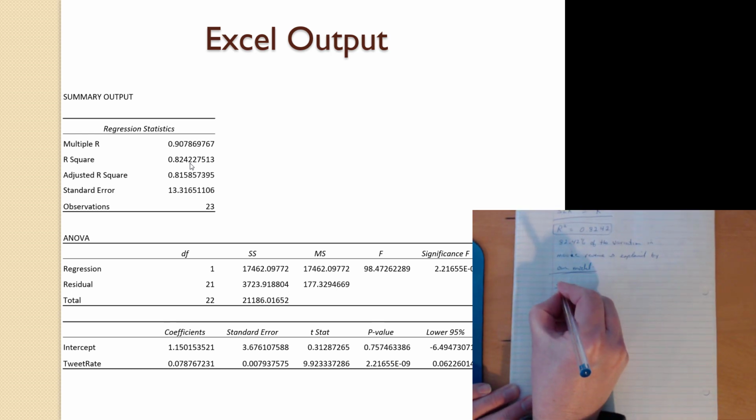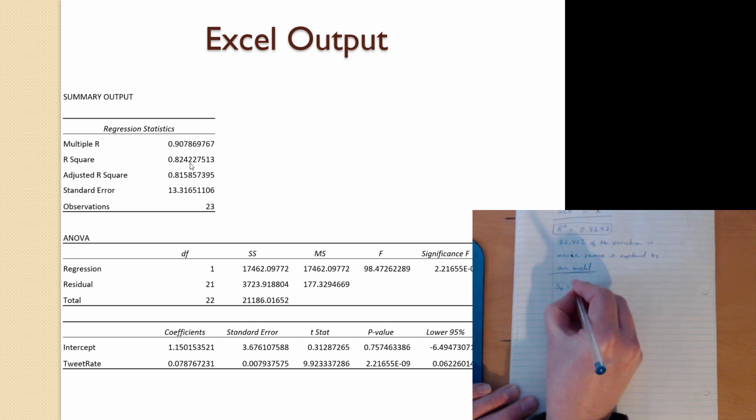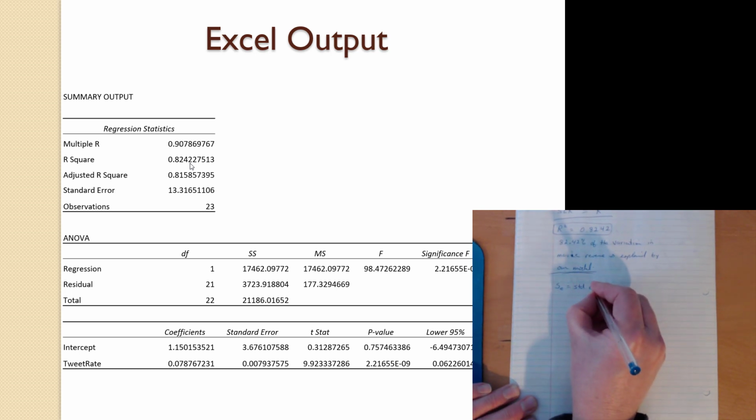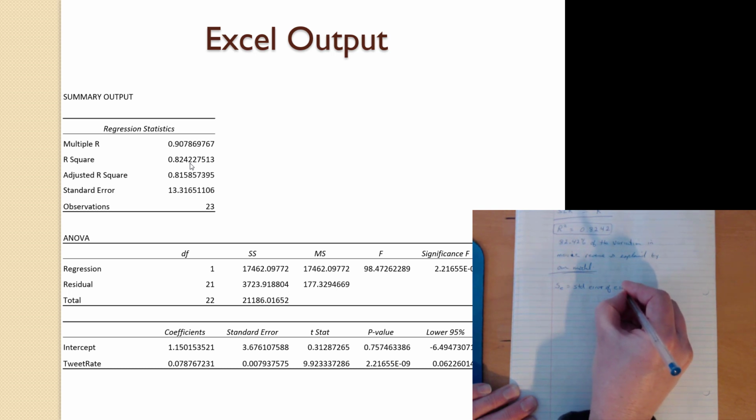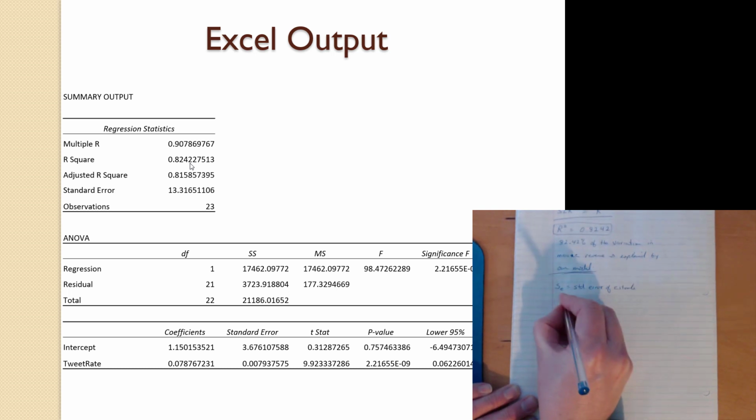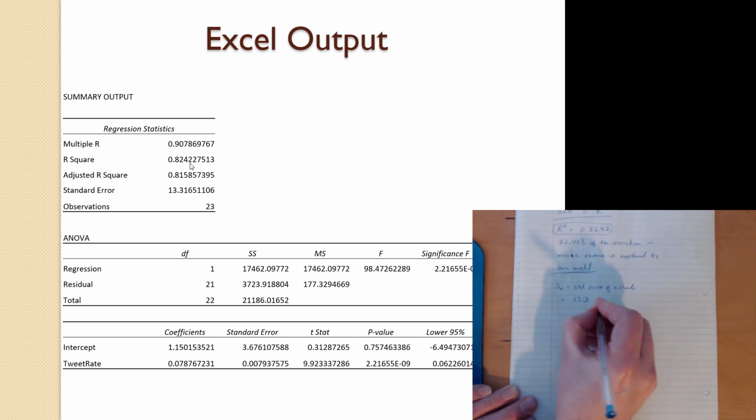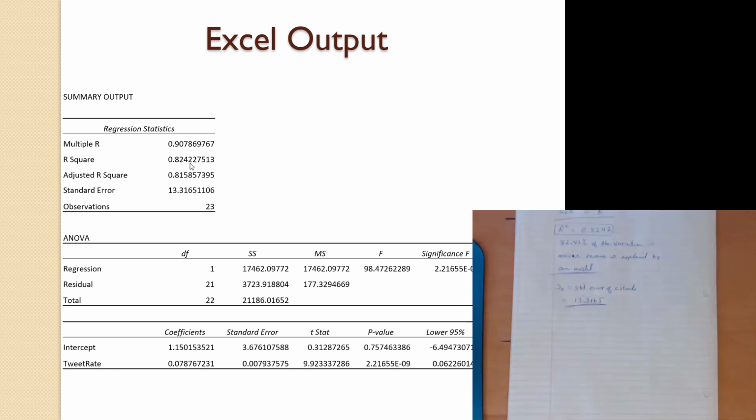We also have the standard error of the estimate. Okay, so sometimes we call it S little e, and that's the standard error of the estimate. And in this case, that just equals 13.3165, let's say. Okay. That one's a little bit trickier to really get a sense for. That's sort of the average deviation from the line.